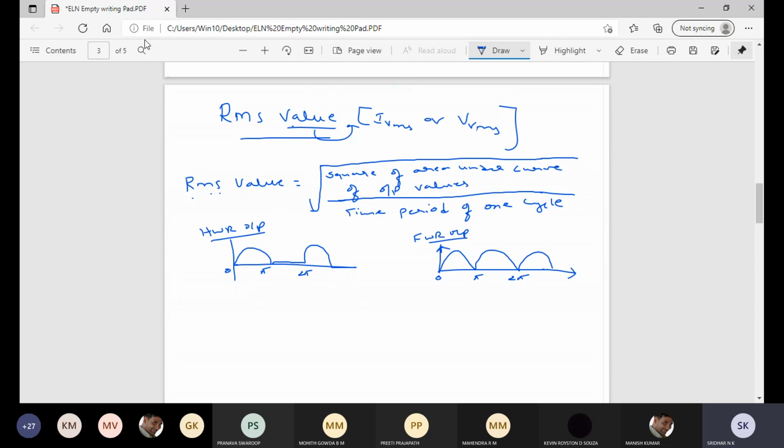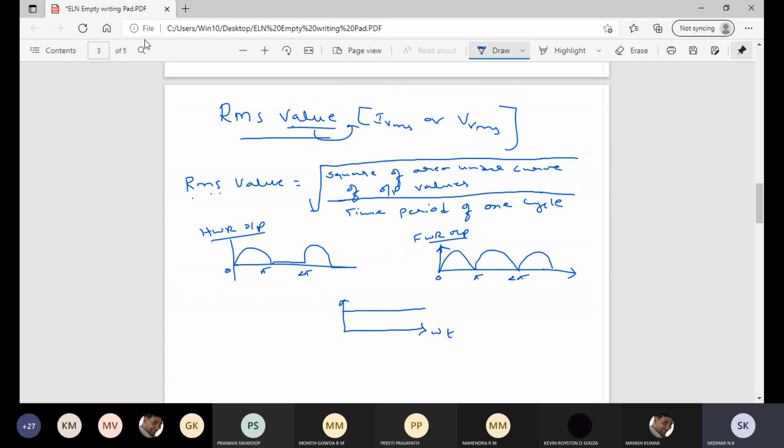Now if you observe this output, what is a rectifier? Basically, it converts AC to DC. So how should the output of a rectifier look? It should look like this. But are the outputs of half wave rectifier and full wave rectifier pure DC? It is not pure DC.